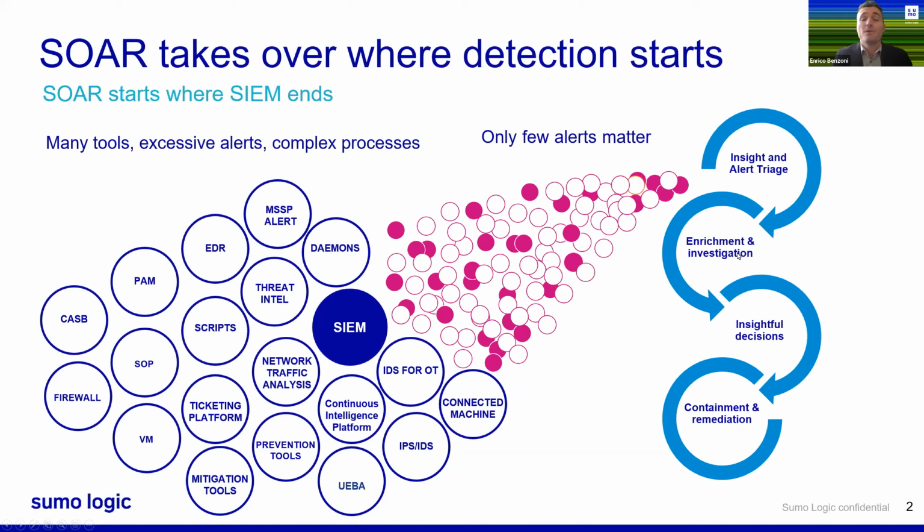SOAR starts with SIEMs. We receive alerts. We make the triage of alerts, and insights if you have Cloud SIEM. And we conduct enrichment and investigation, collecting all the information in a structured way. So your analysts will find all the information in one place, and they can boost the automation for the enrichment phase.